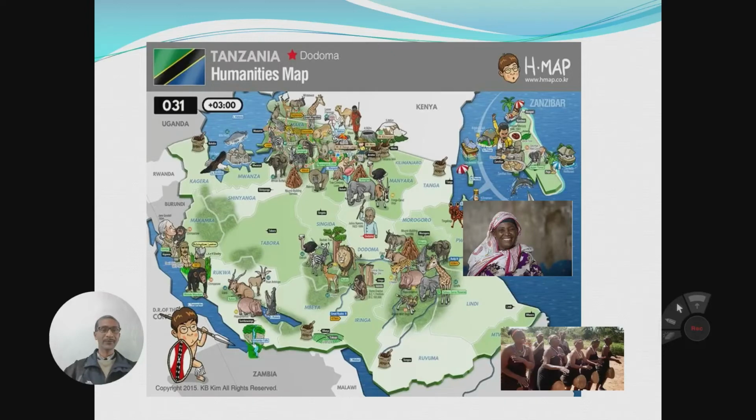If you move to the western side of Tanzania, where we share a border with Burundi and Rwanda, those places are famous for the chimpanzee. We can mention one famous name, Jane Goodall. She did her research in that particular place for more than 3 decades, and she came up with a conclusion that we share 99% genetic makeup with chimpanzees.